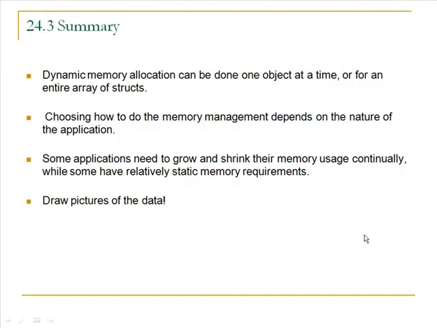Okay, just a short summary here now for dynamically allocating memory off of the heap for one object at a time or for an entire array of objects. And I probably should be calling these objects structs because this is not object-oriented programming.